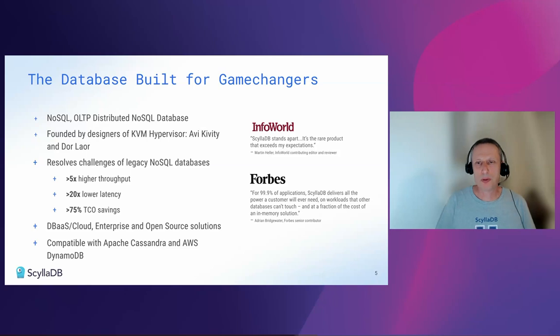And when I say performance, it has different meanings to different people. Usually at Scylla, we look at two parameters when we talk about performance. The first is throughput, meaning how many requests per second, read requests, write requests, the server can handle per second. And we're talking about millions in the case of Scylla. A second parameter, which is also very important, but not for this webinar, is latency.